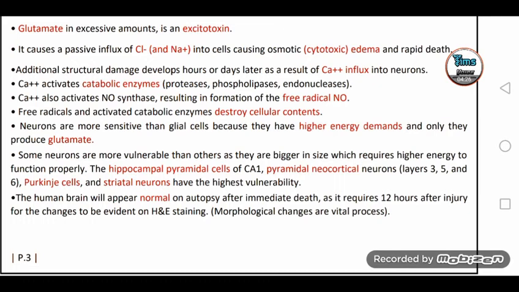These big neurons exist in a few locations inside the brain, like the hippocampal pyramidal cells, CA1, pyramidal neocortical neurons in layers 3, 5, and 6, Purkinje cells, and striatal neurons. They all have the highest vulnerability to get injured.